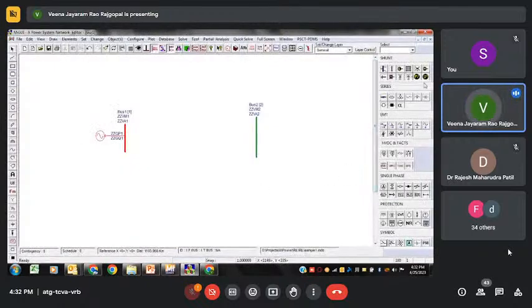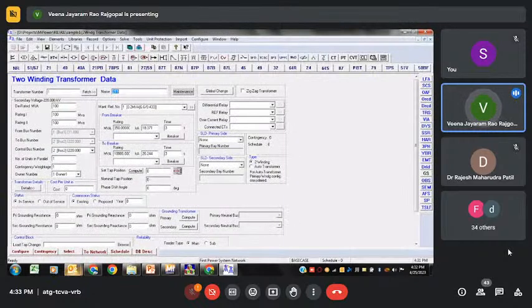Okay. So next I'll go for the transformer. Transformer is a series element. I have to place a transformer here and connect it to a from bus. As soon as I go near the bus, it is going to highlight that. I have to double click on that, and then it is asking me for the to bus. So this is the transformer. Similarly, this is the transformer data, and then you will have the corresponding library.